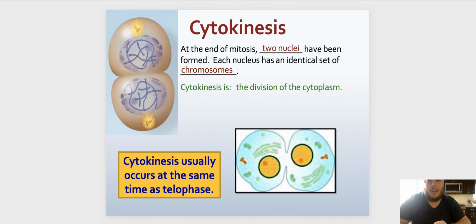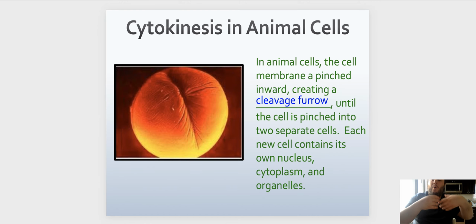Okay? Now, cytokinesis occurs both in animals and in plants. There is a couple of differences that we're going to talk about. There's really only one main one, but there are a few distinctions. So cytokinesis in animals, remember we spoke about in animal cells, the cell membrane is pinched inward and it creates that cleavage furrow that we see.